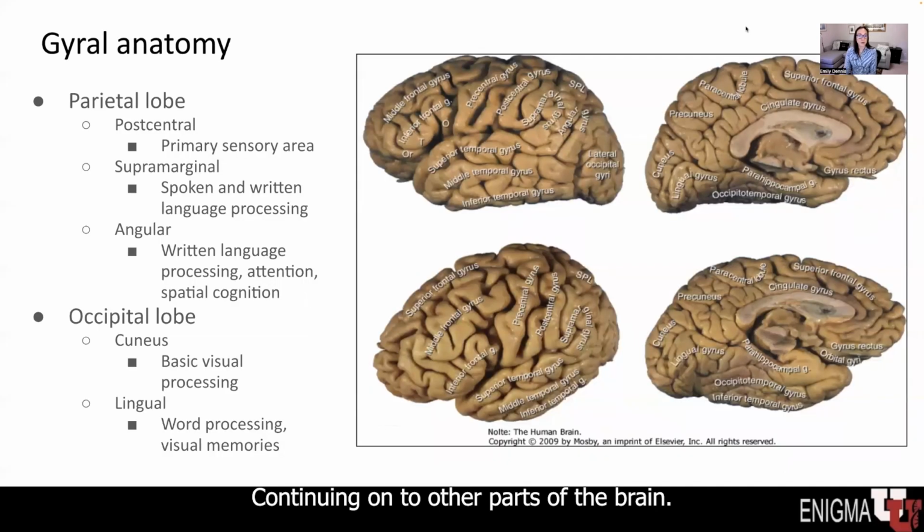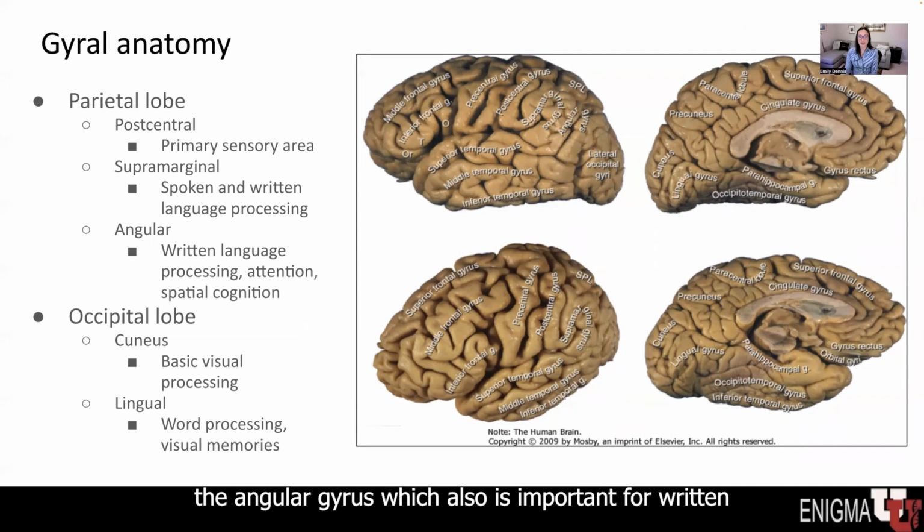Continuing on to other parts of the brain. In the parietal lobe, we have the postcentral gyrus, which, as we just went over, is important for sensory function. We have the supramarginal gyrus that curves around here for spoken and written language processing.